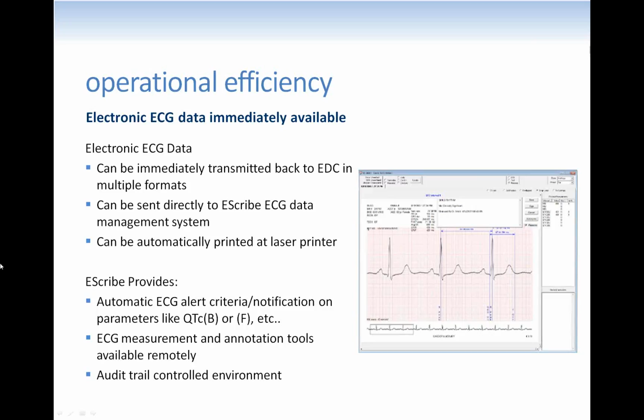And the eScribe system can then automatically create a PDF document and send that result directly back to Trial 1 immediately. So in this sort of workflow, we would have basically no paper whatsoever within the ECG workflow. Everything would be acquired automatically, sent to the eScribe automatically. We could have an eScribe workstation right on the floor so that the physician's work could be done digitally.